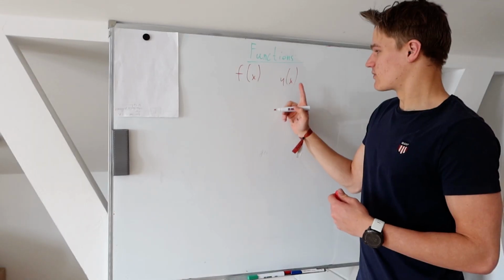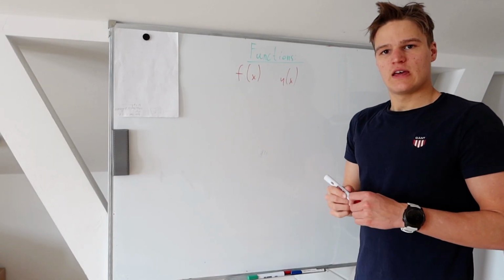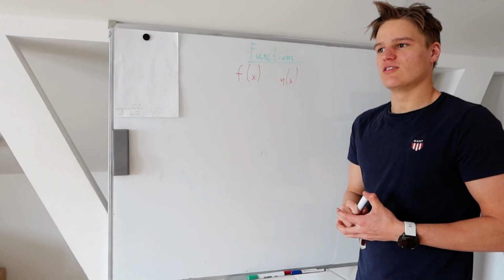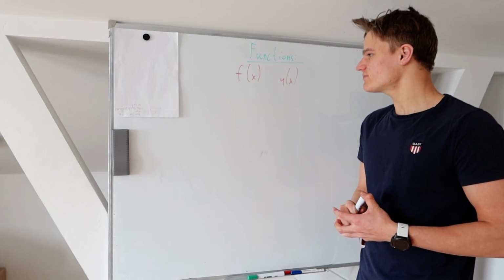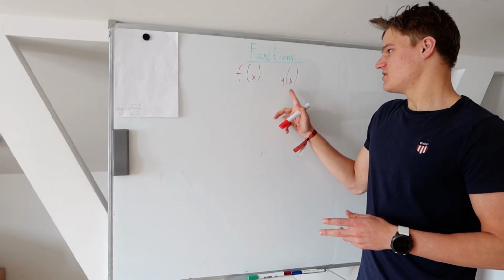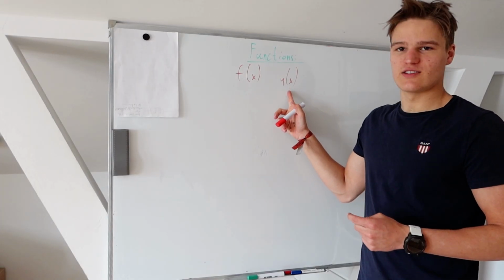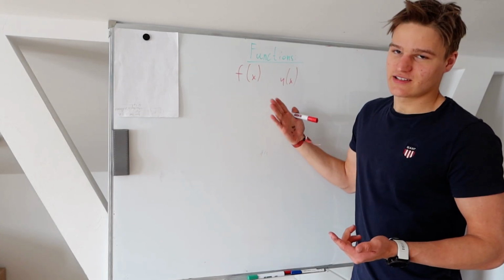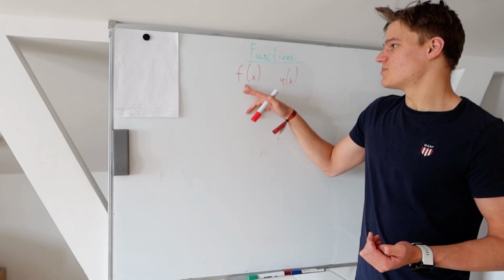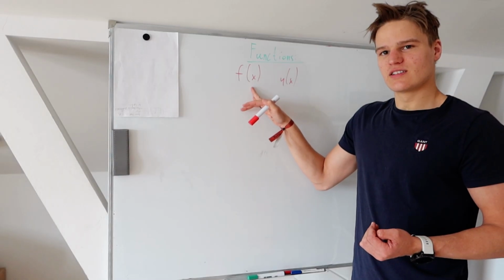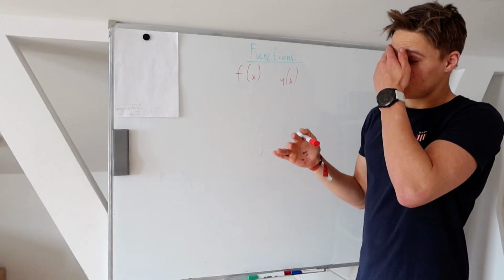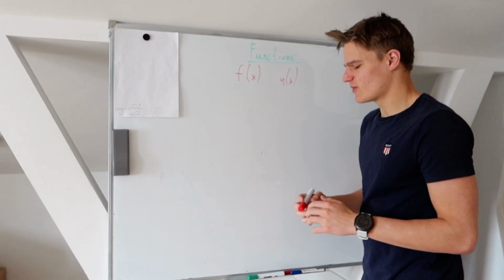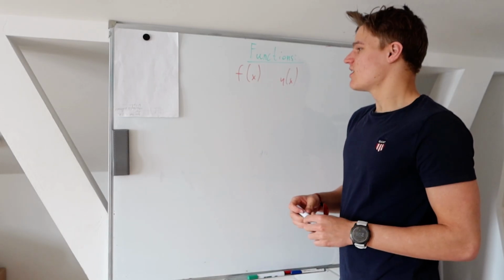I usually prefer y of x, because if you plot this into a diagram, which means just drawing the function into a diagram, you're going to see the y is on the y-axis. That's why we call it the y-axis, and the x is on the x-axis. I don't like to use f of x because it means the function of x, but the y represents already the y-axis. Anyways, that's just a side note.